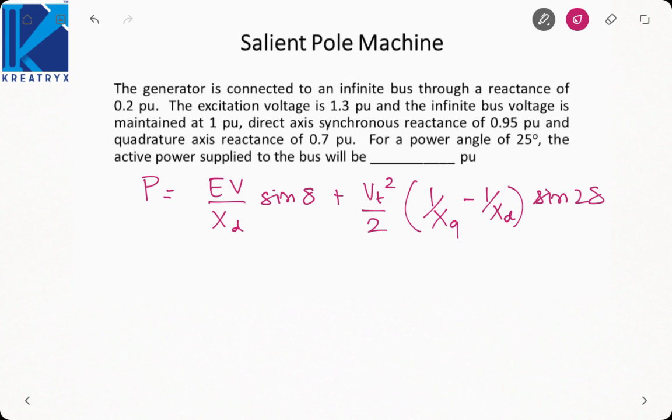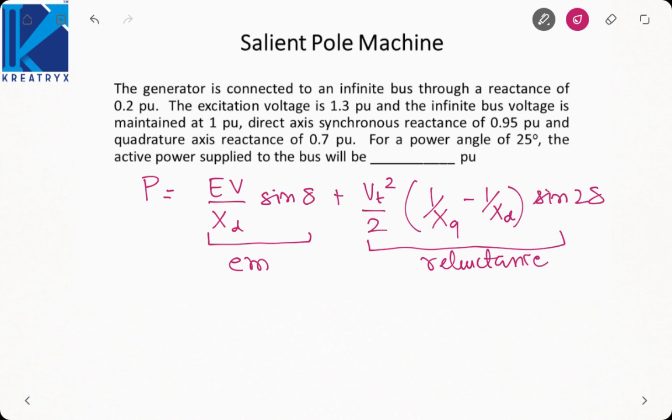This first term is called electromagnetic power, and this second term is called reluctance power. If you wish to derive the maximum power or the condition for maximum power, do not remember any direct formula. You have to differentiate this power with respect to delta and equate it to 0.